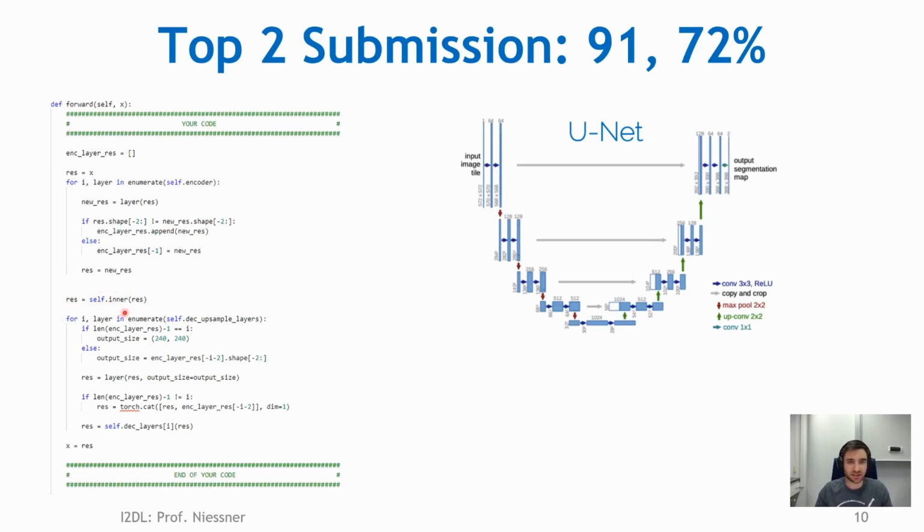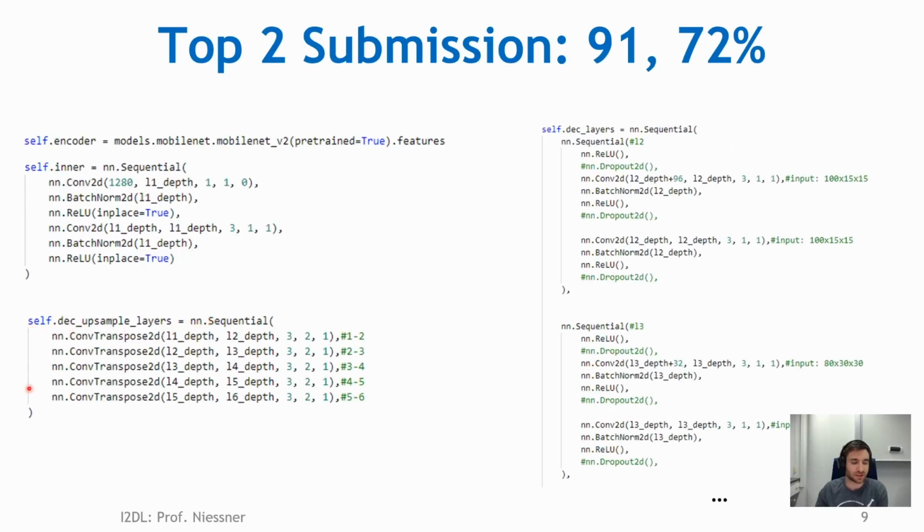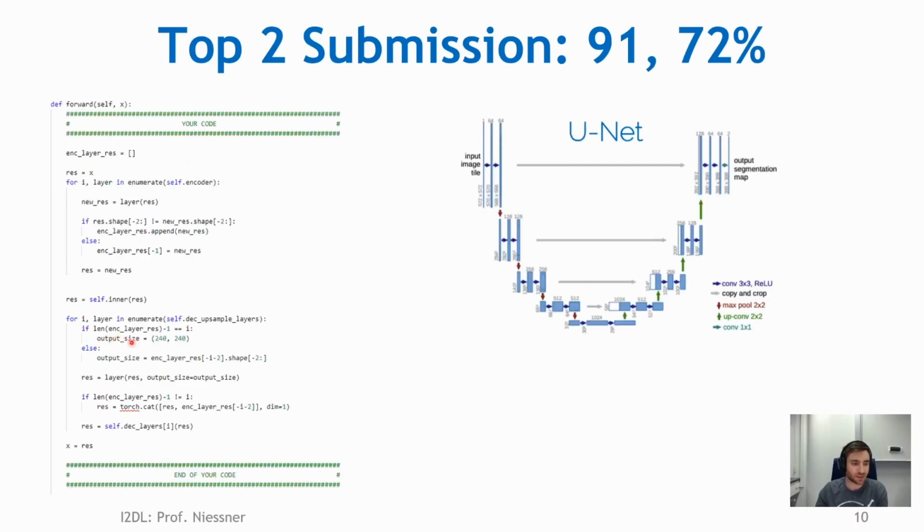And the interesting part is now at the decoder part. So here again, we iterate over the upsample layers, which were defined here simply as this list of transpose convolutions. And then we forward our current result through the layer.